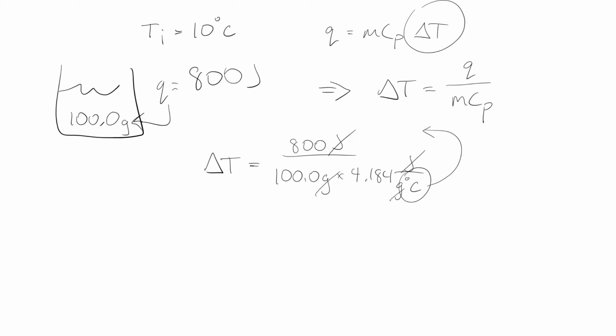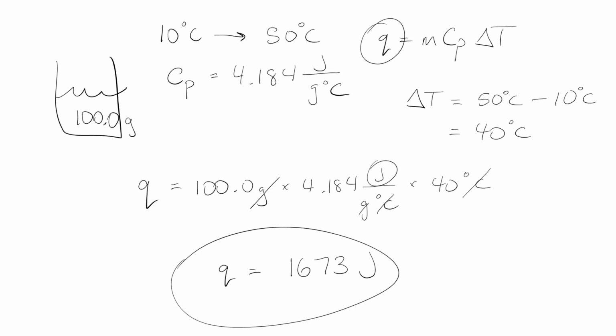Let me calculate this real quick, I can't do division in my head like the other one. 800 divided by 100 is 8. 8 divided by 4.184 is 1.91 degrees Celsius. I did the math wrong in the other problem.